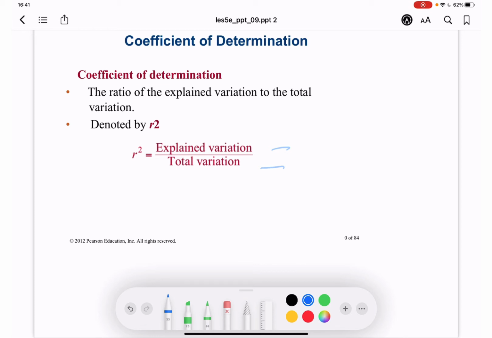So if we need to use unexplained variation, we take total, subtract the explained, and we get unexplained variation. Yes? And that we call R squared. That's our coefficient of determination.